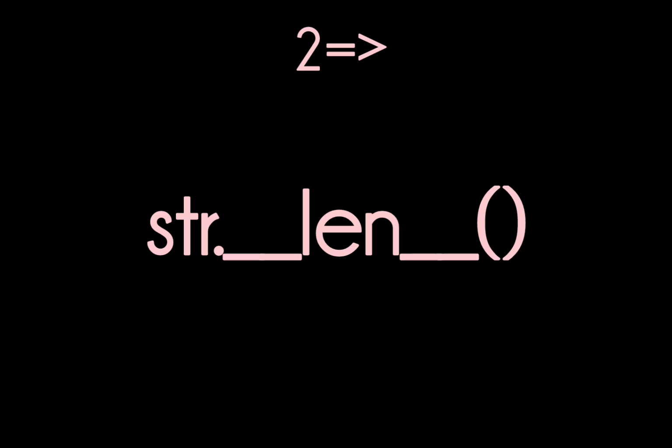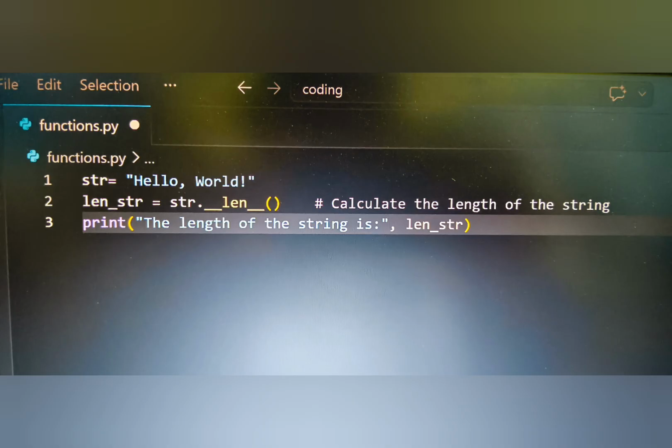This is another way we can use the len function, like __len__(). So the string is the same, and I have taken here the len_str variable as well. This stores the length of the string, which means the characters this string holds.